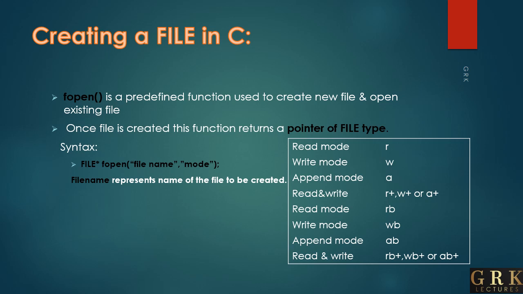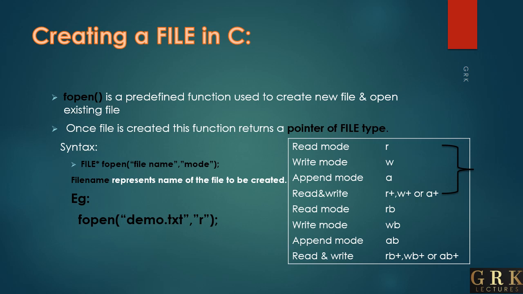The file name also should be written between double quotes. Up to here, the first four modes are used with respect to text files, and the remaining last four modes will be used with respect to binary files. So let us see the example of how to create a file.